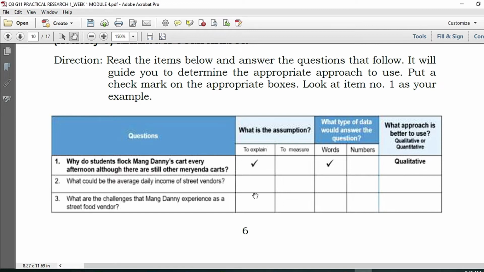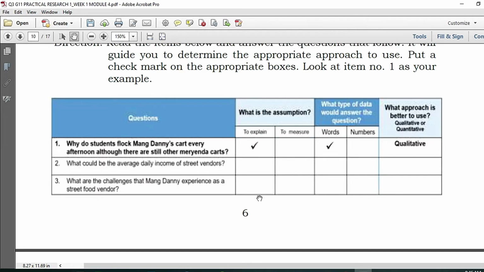Okay, let's answer number 2. What could be the average daily income of street vendors? Okay, what is it? You will check it in to measure. Okay, so the data needed, numbers. The approach is quantitative. Okay, I hope you got it correct.